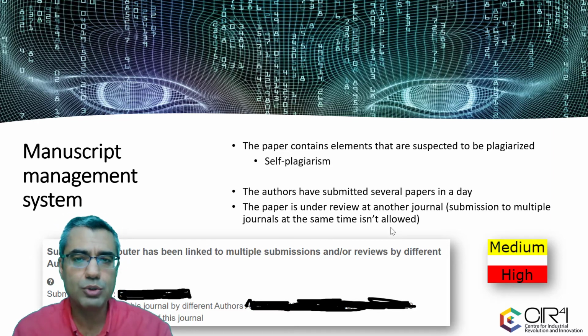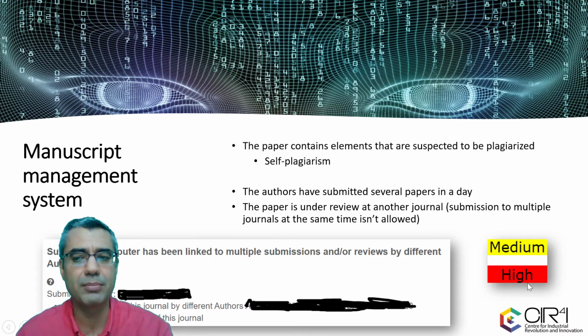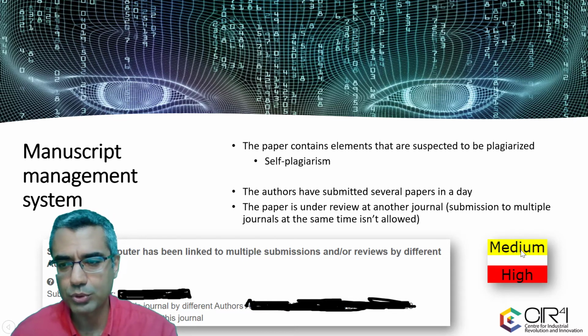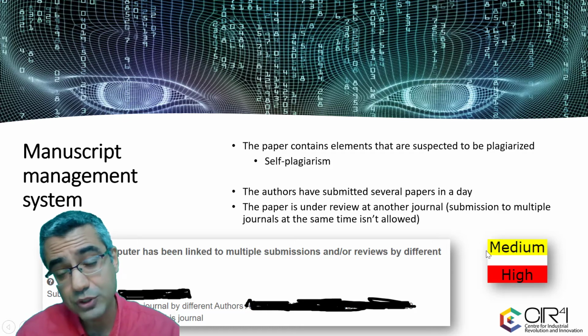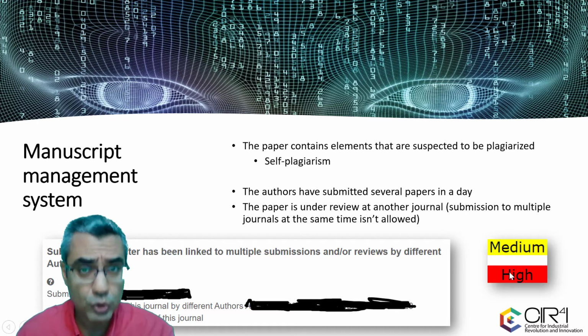When I log into the portal as editor-in-chief, some papers I see have been labeled as medium or high. I have copy-pasted this from the Emerald Manuscript Central portal. For some papers it is highlighted in yellow, medium, and some red.